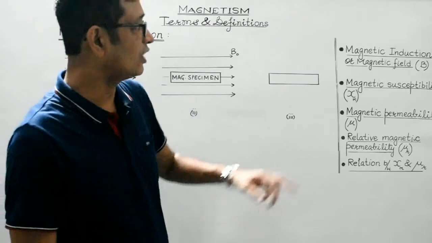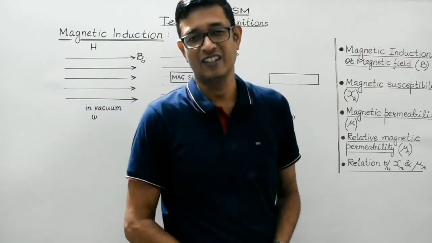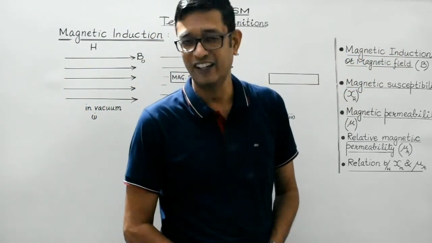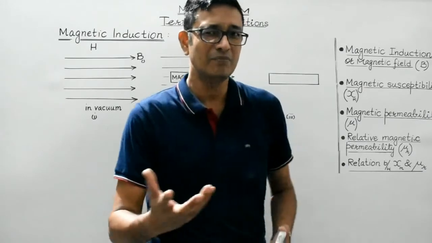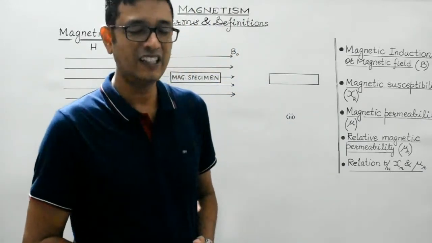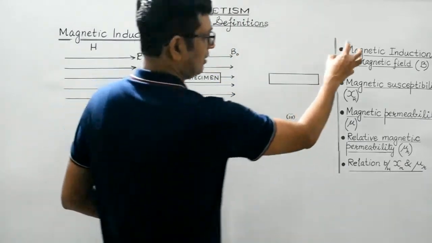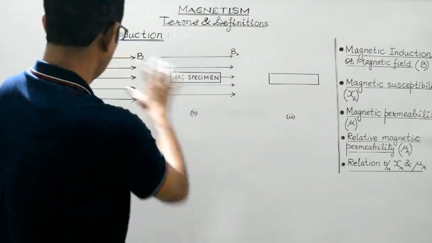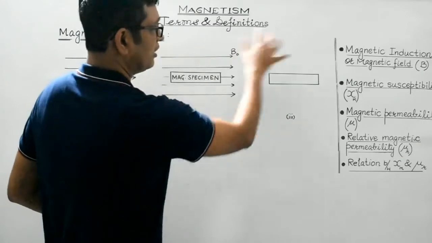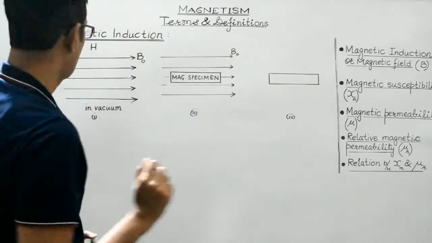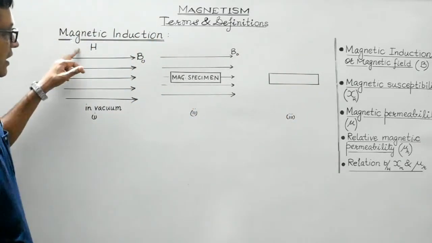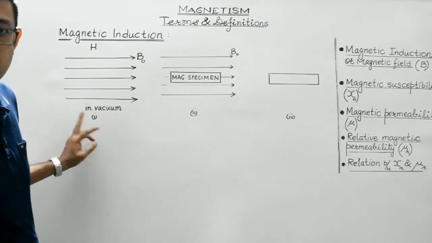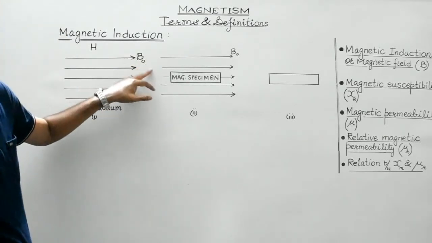Right? So let's start with magnetic induction. It is magnetic field strength. Before we discuss the actual definition, let me introduce this topic. Let us consider vacuum in which magnetic field B naught exists.